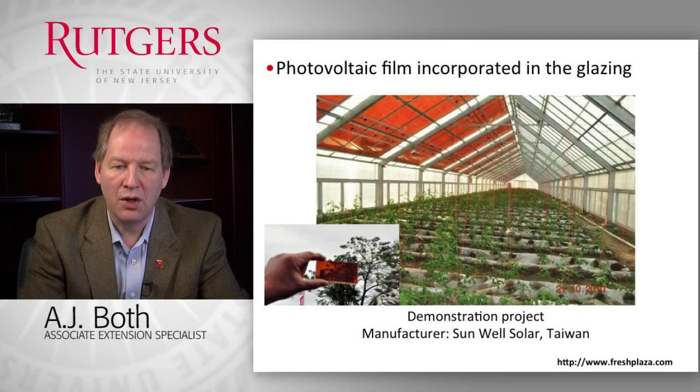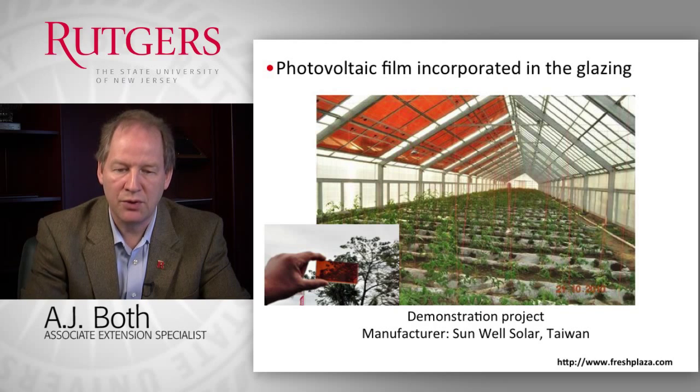So you can install presumably a system like this on your south-facing wall, block little, if anything at all, of the photosynthetically active radiation, so plants can still grow as if they were exposed to regular sunlight, but then the heat component of the sunlight is captured and converted into electricity. So we'll see if this becomes more widely available and if it becomes economical to use a system like this.